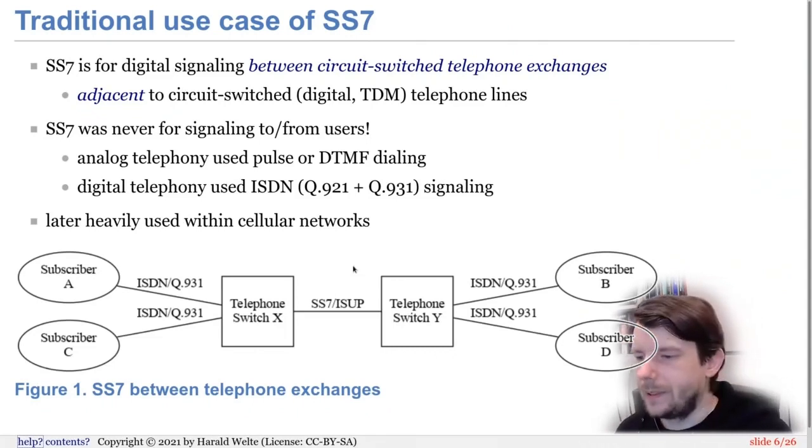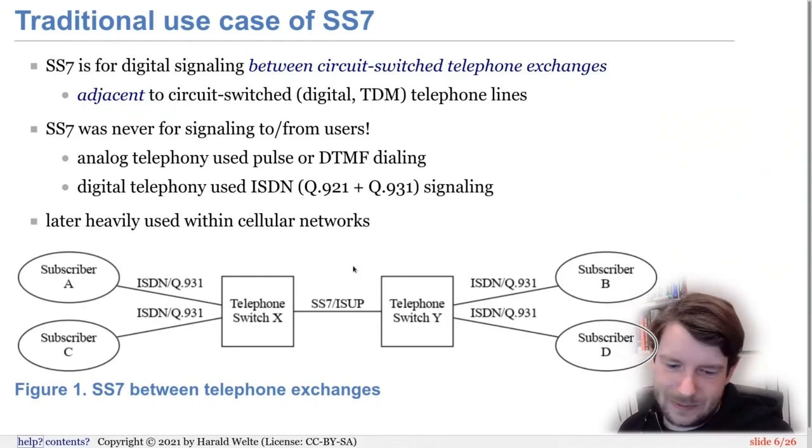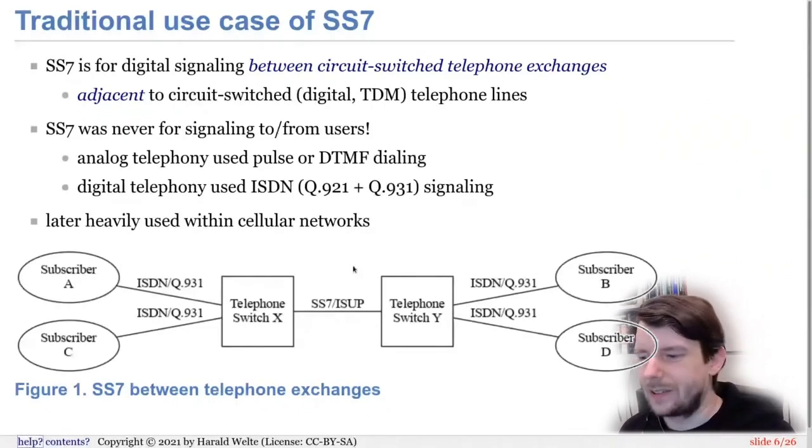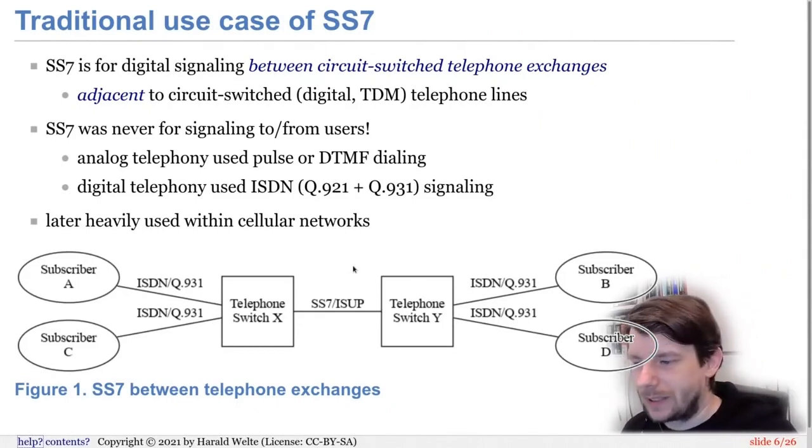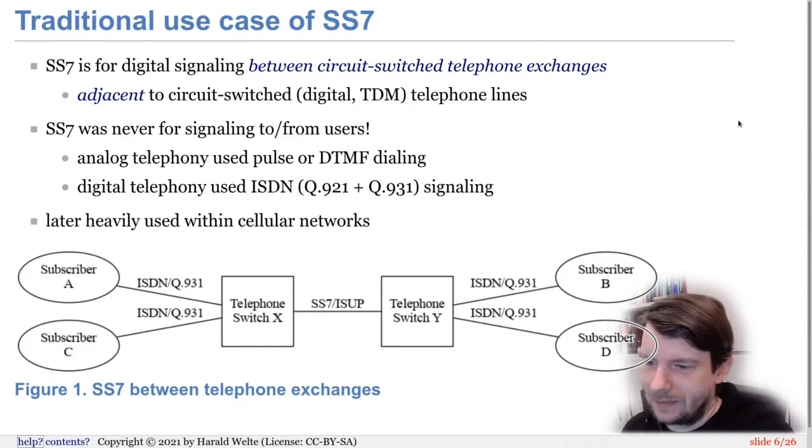This is at a time where IP maybe existed on paper, but was not widely deployed. And the classic telecom operators, the circuit switch world, had their own world and their own systems, and everything was circuit switched. There's no IP or packet-based interface between those elements.